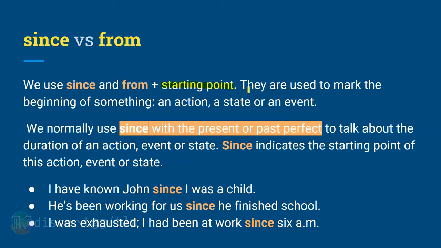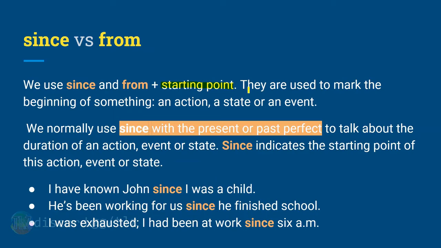And they're used to mark the beginning of something like an action, an event, or a state. When I say state, I mean a state of being. It's just like a process. It doesn't mean an actual state, like of a country. It's somebody's existence, kind of, or the existence of being.